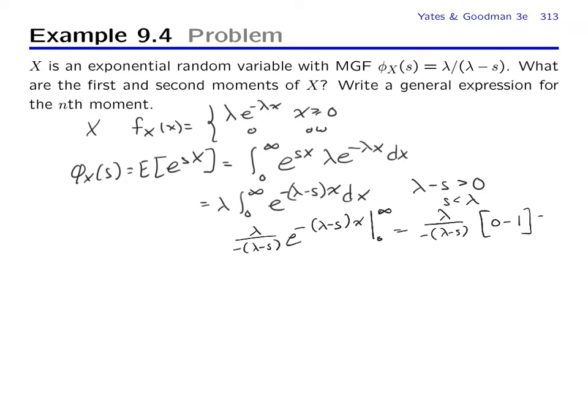And the result is exactly what we thought we were going to get, lambda over lambda minus s. What we were told in the beginning is, in fact, the moment generating function.